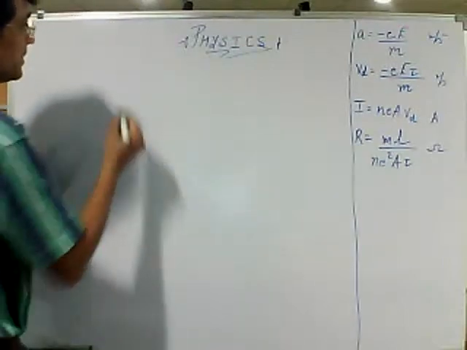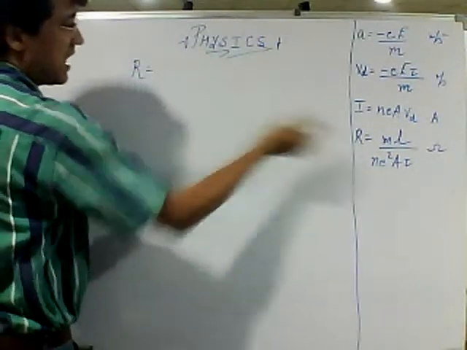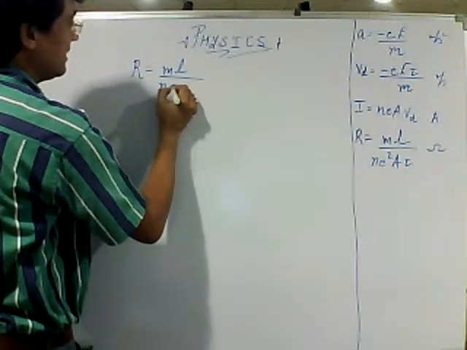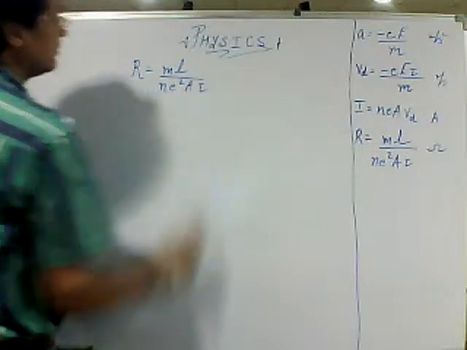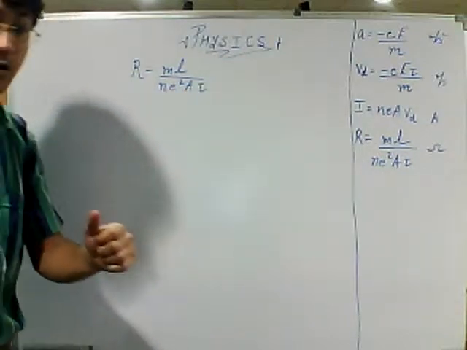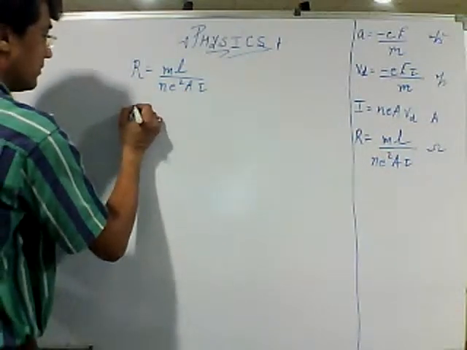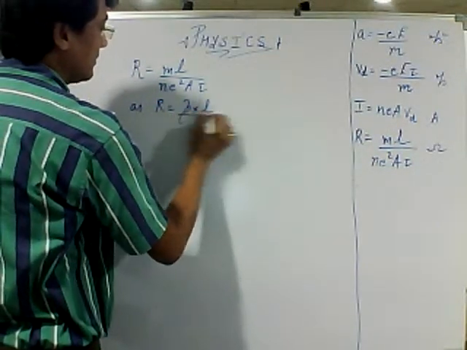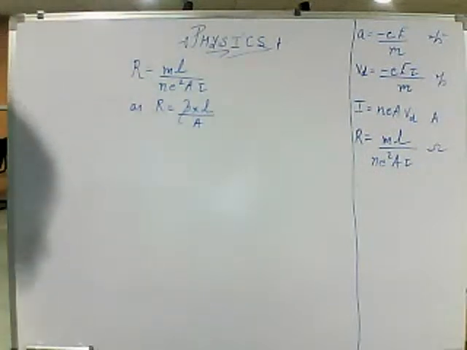So let's go ahead. We got the expression for R as ml divided by n e square a tau. And the general expression for R we also know: R is given as resistivity into length by area.